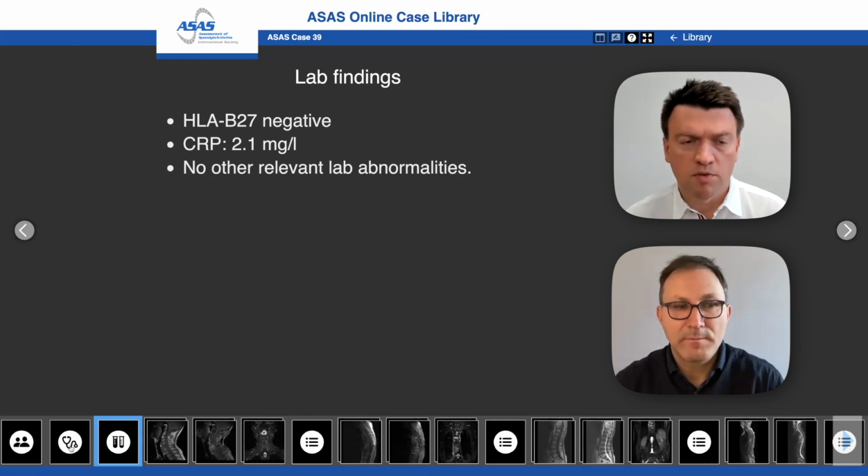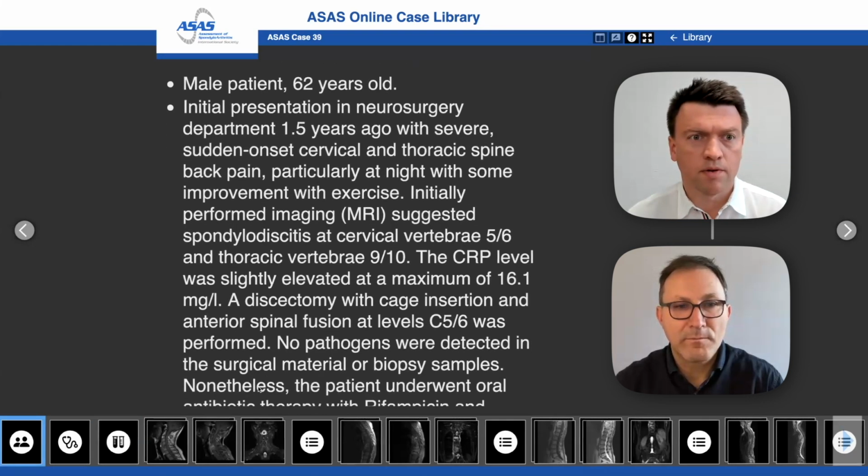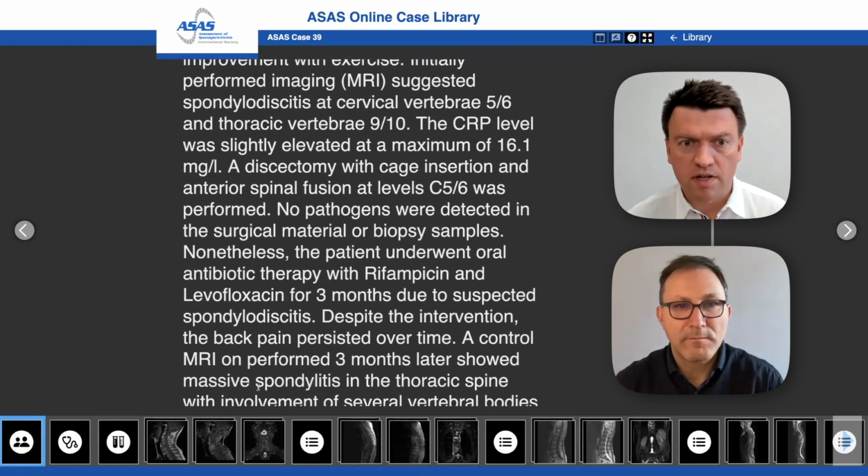Our colleagues performed a discectomy, and they sent everything to a microbiological lab, but no germs, no potential marker bacteria could be identified, which could have been associated with this event.